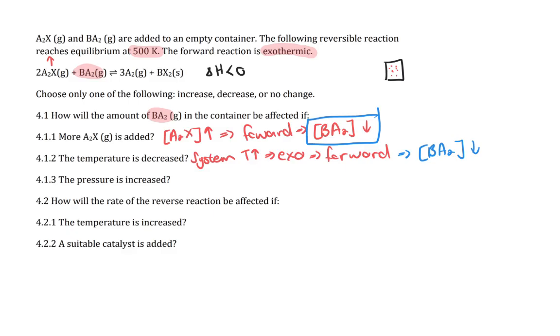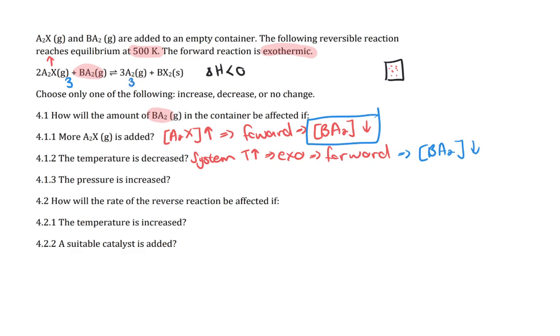And then they say the pressure is increased. So remember, the pressure only changes the equilibrium if one reaction produces more or less moles of gas than the other. I'm only looking at gas, so I'm not looking at this one, which means here on the left hand side I have 3 moles of gas, 2 from there and 1 from there, and on this side I also have only 3 moles of gas.